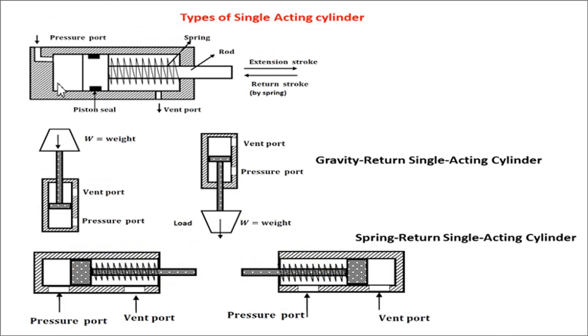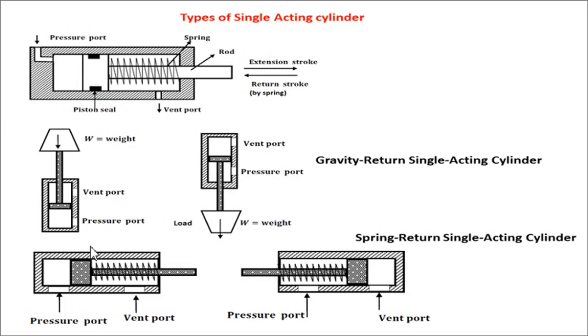Coming to the single acting cylinder, you can find that in a single acting cylinder the fluid enters and leaves through the same port. Usually the retraction motion is provided by a spring. You can see that in this first diagram. Now in these two diagrams you can see that these are hydraulic push and pull type cylinders.